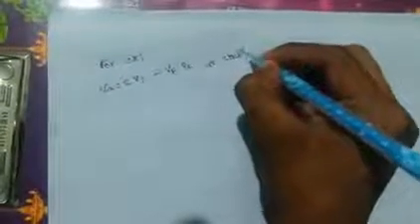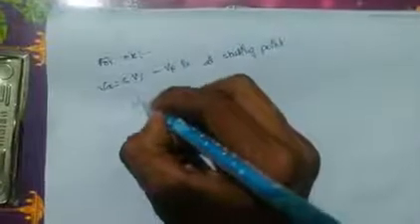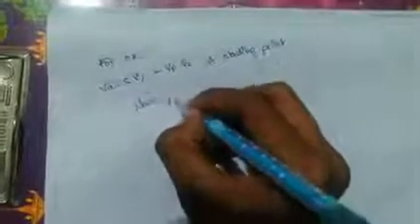For example, we take VA equal to 5 volts. Next, VR is at the starting point, so VR is equal to 0.